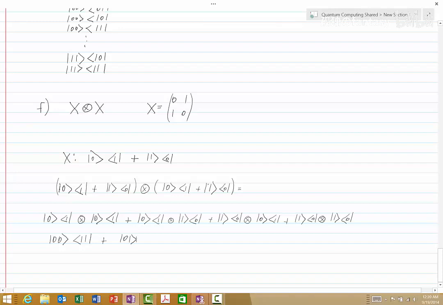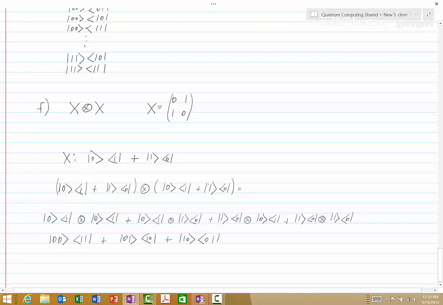And then we're going to take the second parts of each operator expression. For the next one, |10><01|.